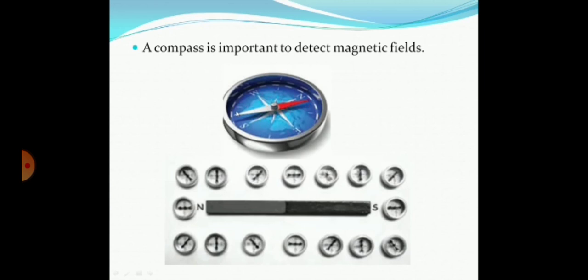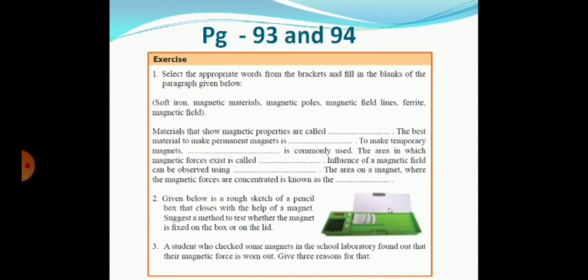When you place this type of compass near a bar magnet, since north pole and north pole repel, the red end will point away from the north pole, and that is the direction of the magnetic field line. When you place the compass near the south pole, the red end points toward the south pole. That also denotes the direction of the magnetic field line.